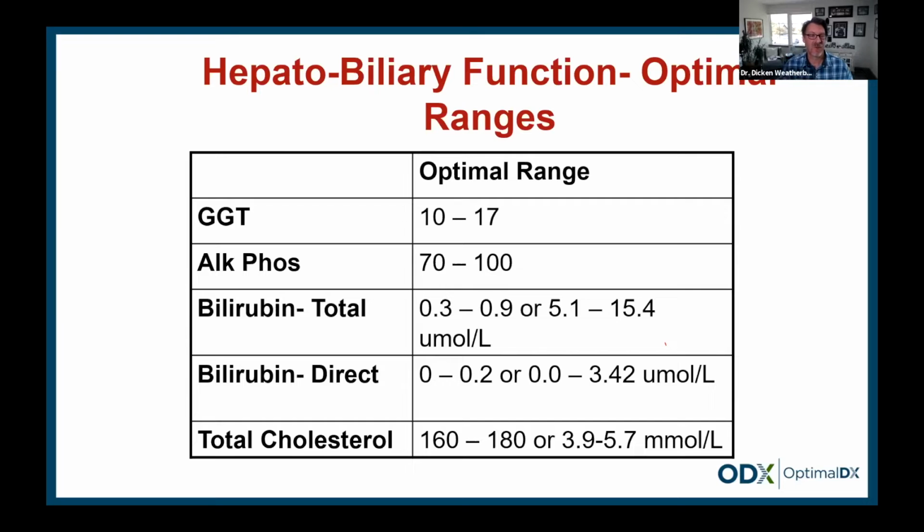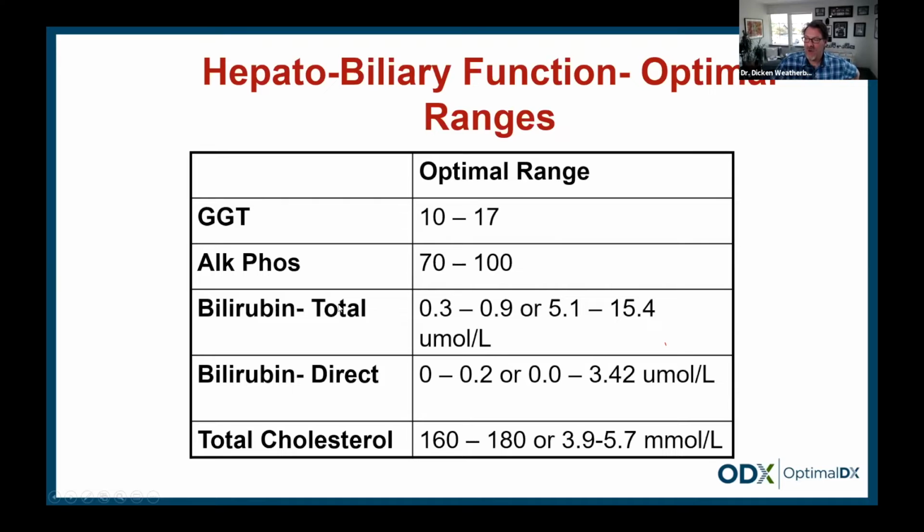Alkaline phosphatase levels will go up. In the liver, it's formed by liver and biliary mucosal cells and excreted in the bile. Increased levels can occur with any type of liver dysfunction. It is especially sensitive to obstruction in the biliary tract. So again, we want to see that between 70 to 100.